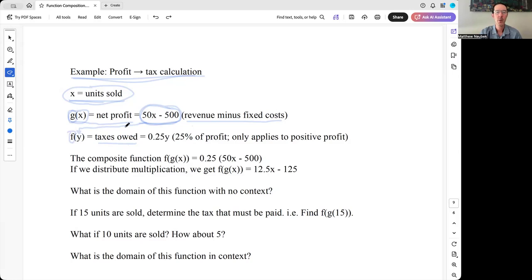So once we figure out how much profit we have, and we take that number and we drop it into this taxes owed function, we're going to figure out what 25% of your profit is, and that's what we have to pay in taxes. In fact, this is really nice having these two things next to each other because 25% as a decimal is 0.25. And profit in this example problem is being represented by the variable y.